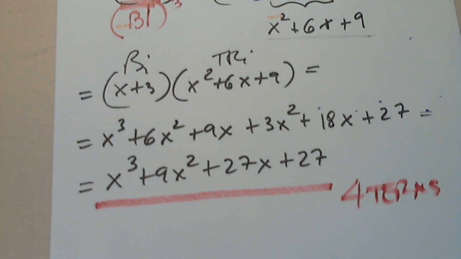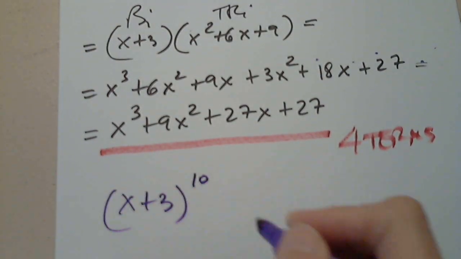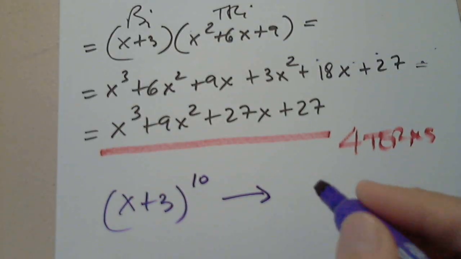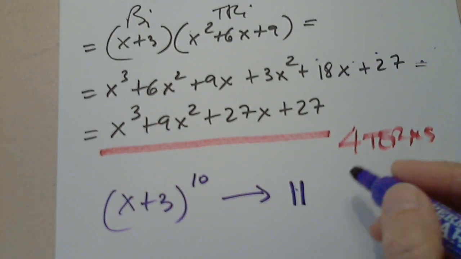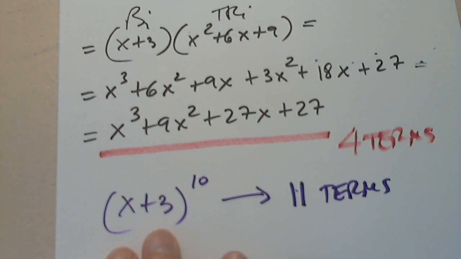Always one more than the power. So if I were given x plus 3 to the 10th power, I know now that I would have come up with 11 terms. Always one more than the power, if it's a binomial.